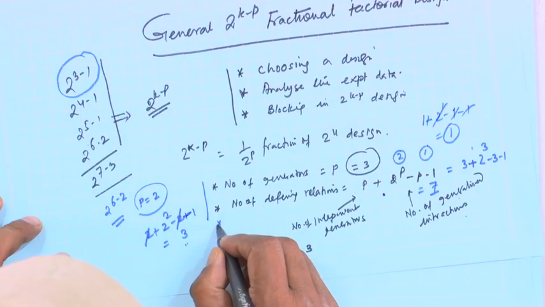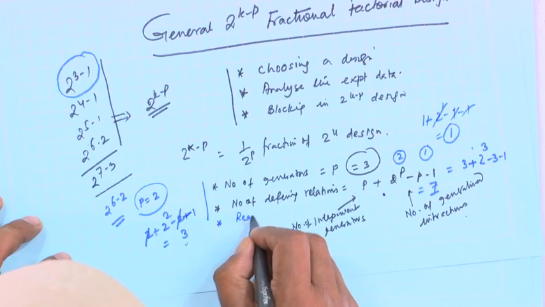So, you have to choose the generators in such a manner that you will get the best alias structure. That means the minimum alias structure for the factors of interest, and this is possible when you go for the highest possible resolution. So, another important one is the resolution.